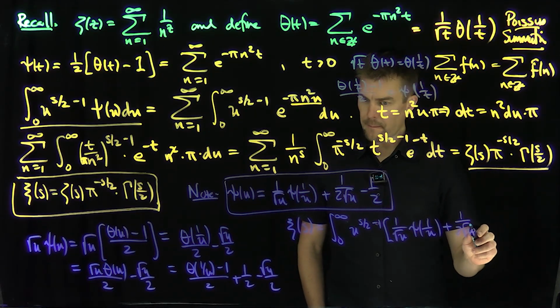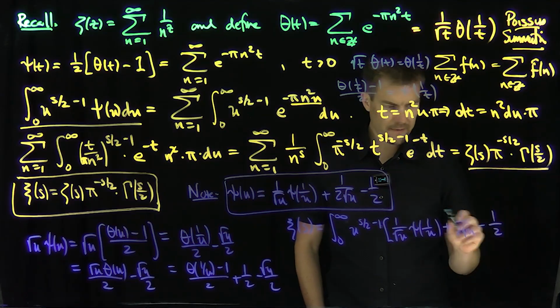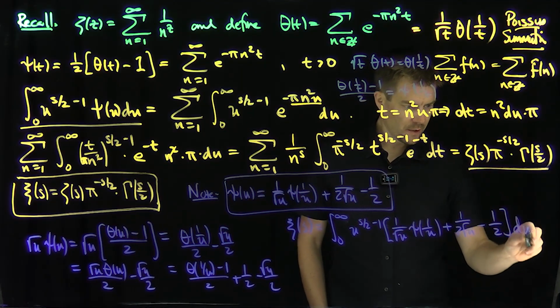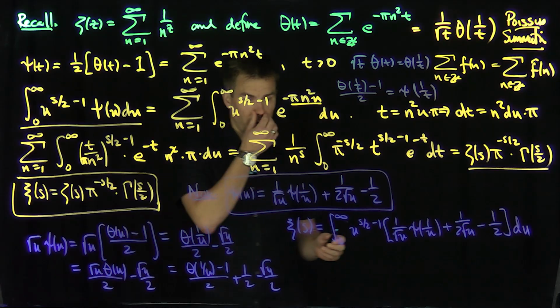Good. And then a minus what? And then a minus 1/2 du. And we're going to split this integral into two parts over here, right?